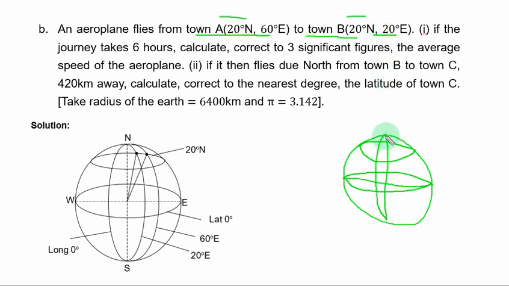So you draw, already you have 0 to the west, you draw 20 degrees east for town B and 60 degrees east for town A. So this is latitude 20 degrees, and you have this as longitude 20 degrees east for town B, and this point is for town A. If you trace to the center, you get the angular difference by subtraction.